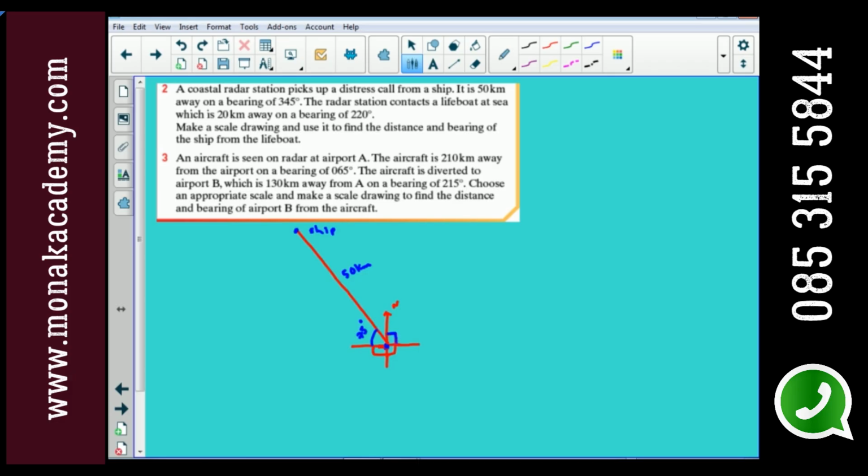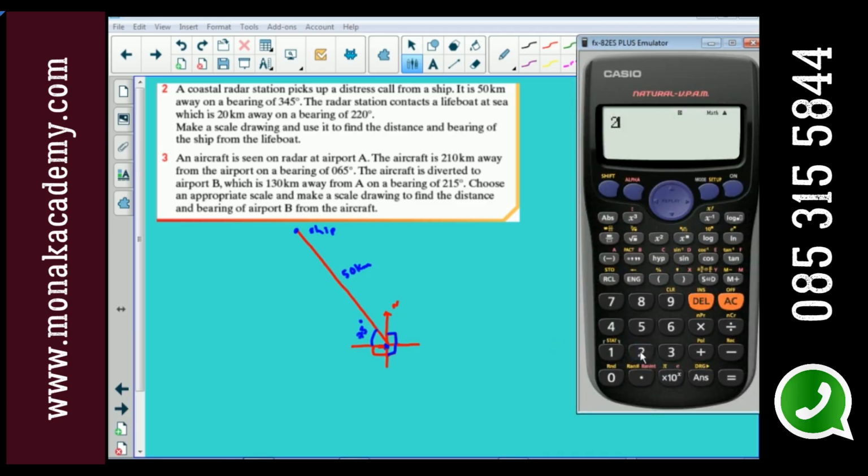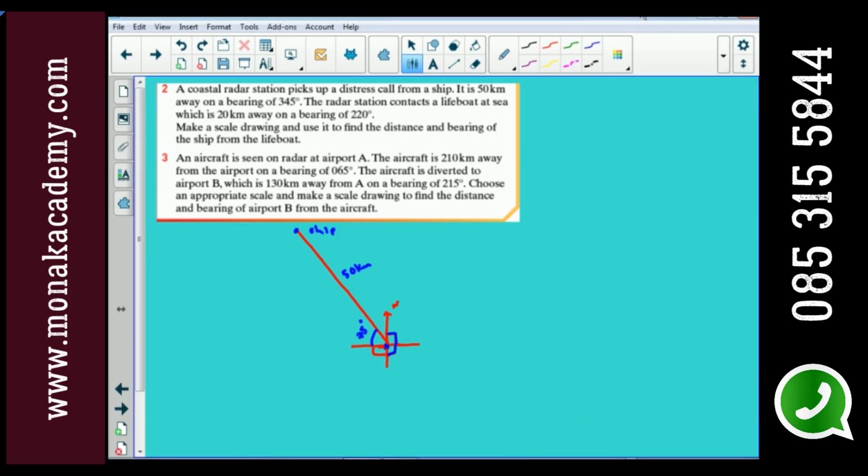So let's subtract 220 minus 180. So we need how much more? 40. All right. So we know it's going to be going in this direction.